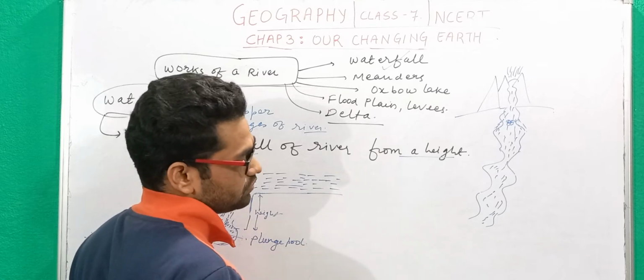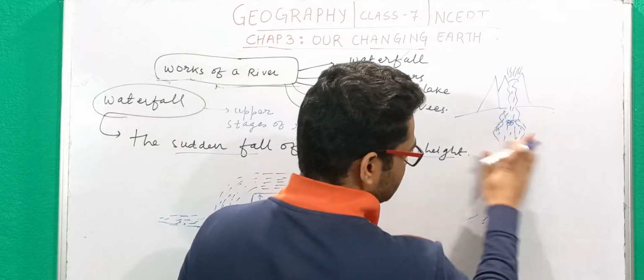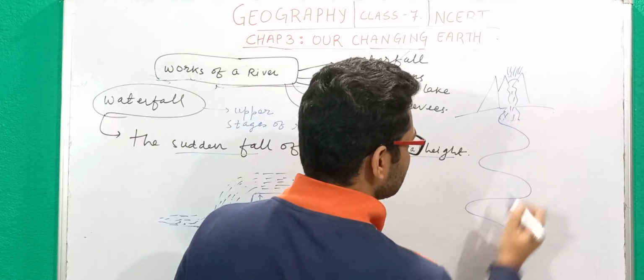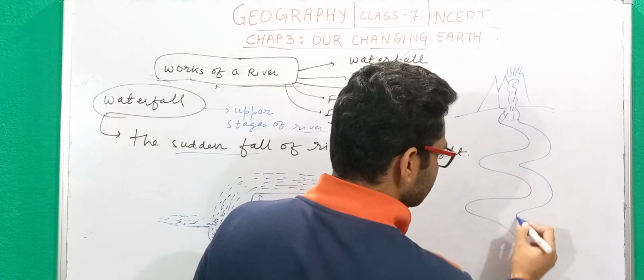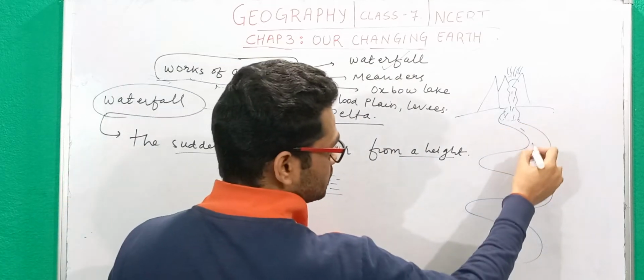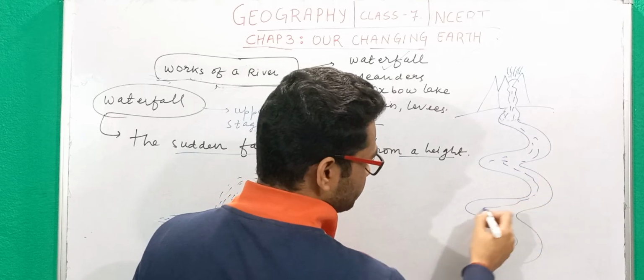This is called meandering of rivers. This is actually how you should have a diagram like this. A river will flow like this. This is the path that the river follows.